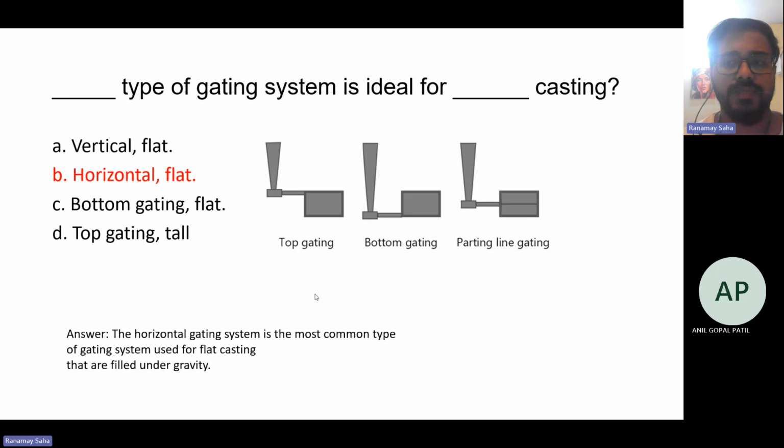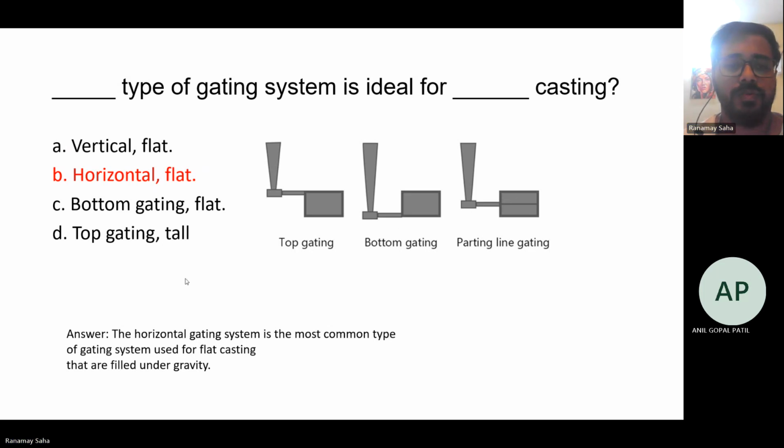So gating systems, we had discussed different types of gating systems. You have top gating, bottom gating, and parting line gating. In this case, vertical gating is where the pouring region is somewhere above the top surface of the casting. Horizontal gating is again parting line gating.